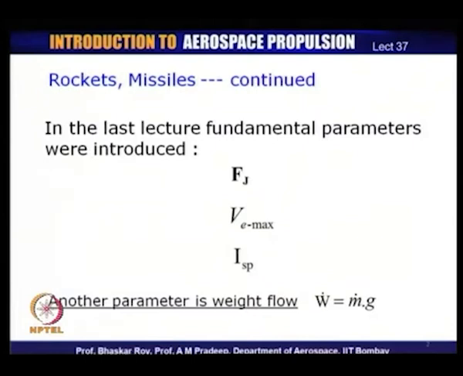Now, these parameters are the fundamental parameters of any kind of rocket engine, whether we call them rockets or missiles or spacecrafts. They all have to be specified with these parameters to begin with.